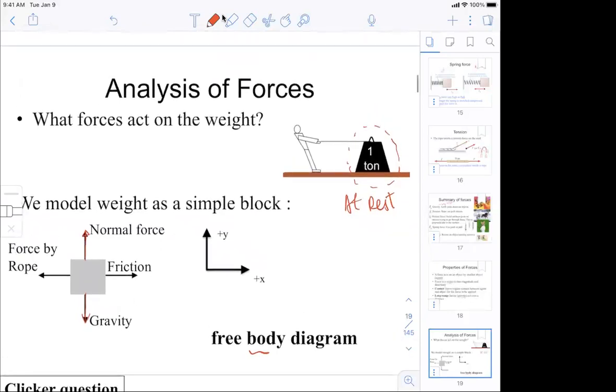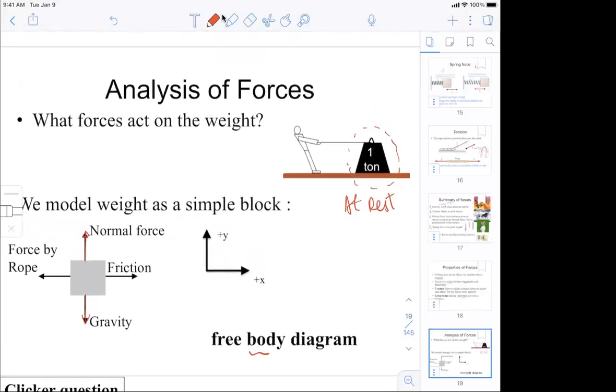Now, the block is also in contact with the rope, pulling to the left. So you have a force by the rope, or you can call it tension. I'm going to label gravity as F of G, normal force as normal, rope as tension, and little friction.